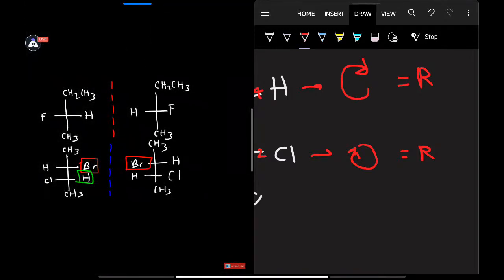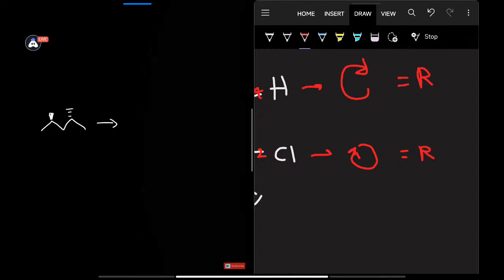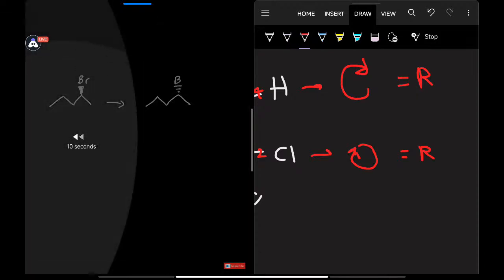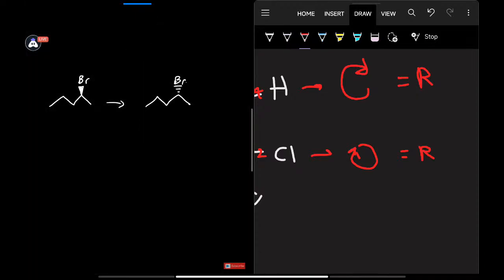Hydrogen was on the right, now it's on the left. So you just got to reverse the groups in a Fischer molecule, two substituents. And so that's how you can draw the enantiomer for that molecule.